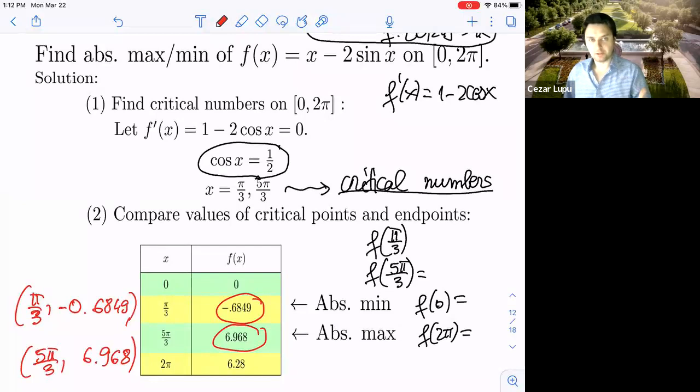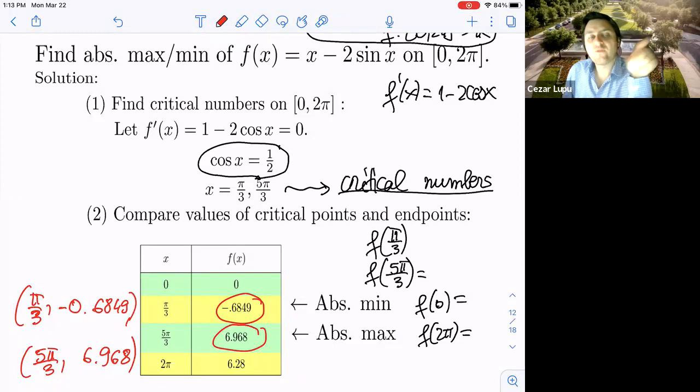Like I said, first, you know the absolute extrema exist because the function is continuous. To find them, you use the critical number theorem: you set the derivative of f equal to 0, solve the equation to find the values of x, which will be the critical numbers.